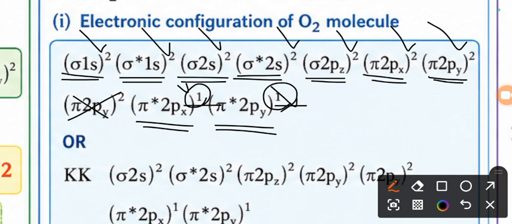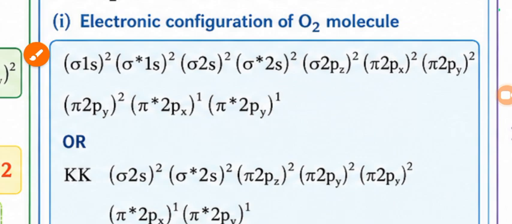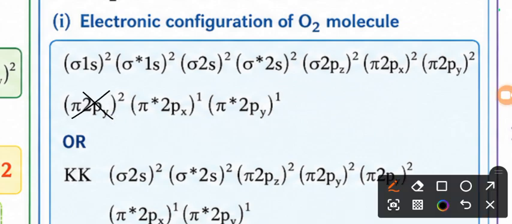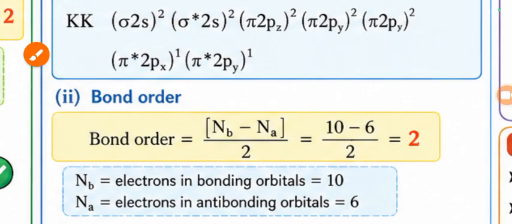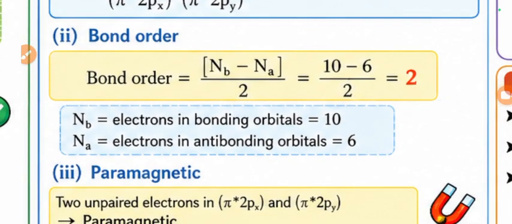Now let us find out the bond order. In the bonding molecular orbital, we find 10 electrons, minus in anti-bonding 2, 4, and these two, 6 electrons. So 10 minus 6 is equal to 4. So 4 divided by 2 is equal to 2.